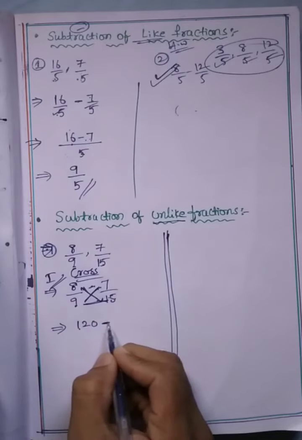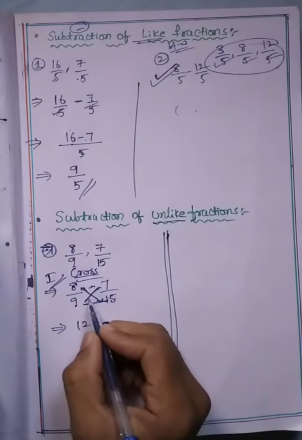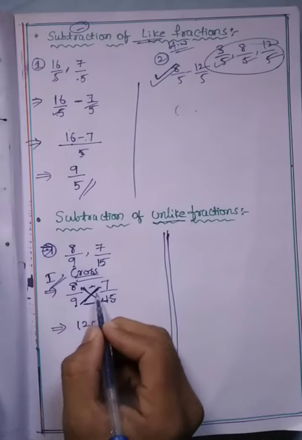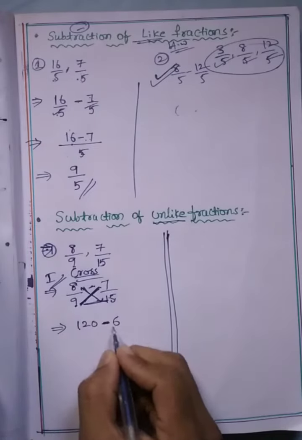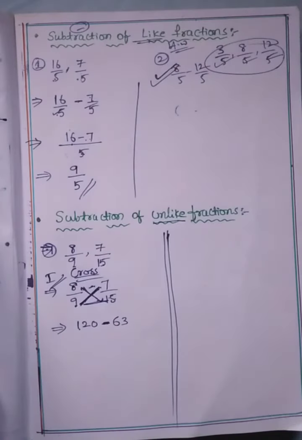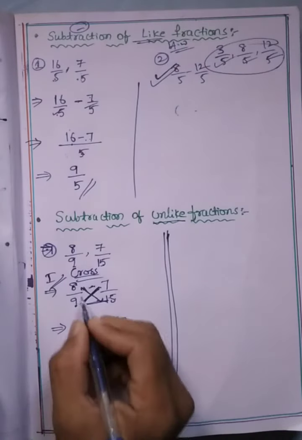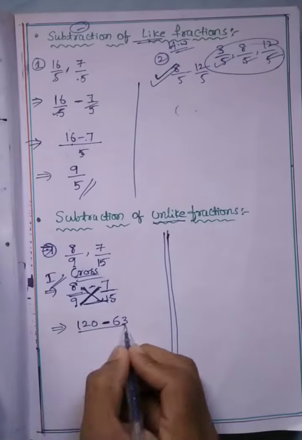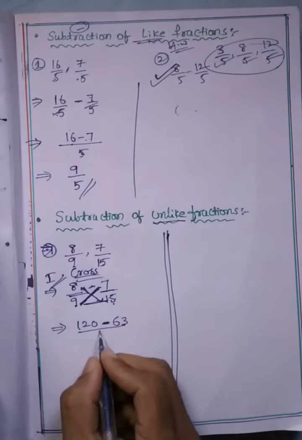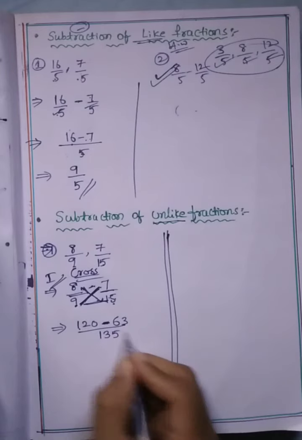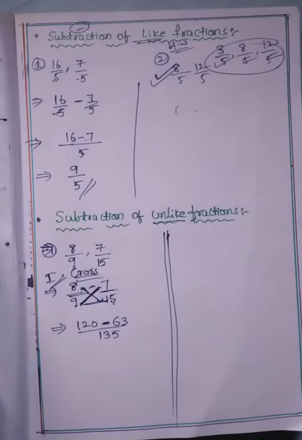Next take this minus symbol as it is. What can you do in the next step? Just observe this mark. 9 7s are 63. Take one division symbol. Next 15 9s are 135.